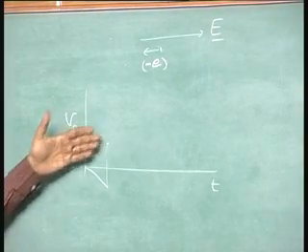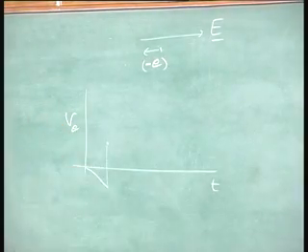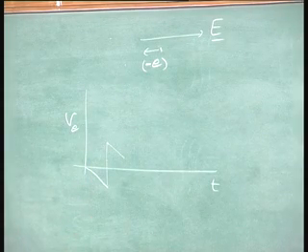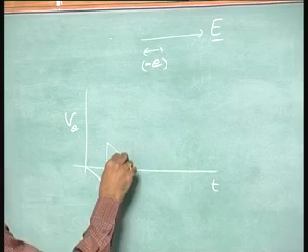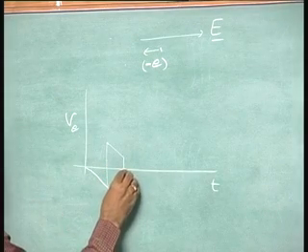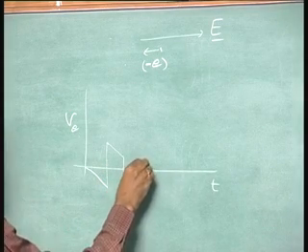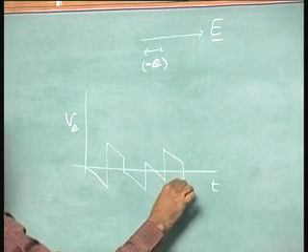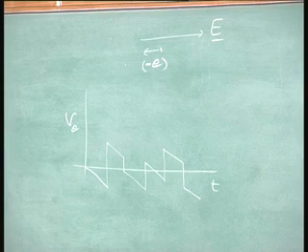It may be positive, it may be more negative, it may be 0. Then it starts accelerating again, has another bang, accelerates again, has a bang, and so on and so forth.